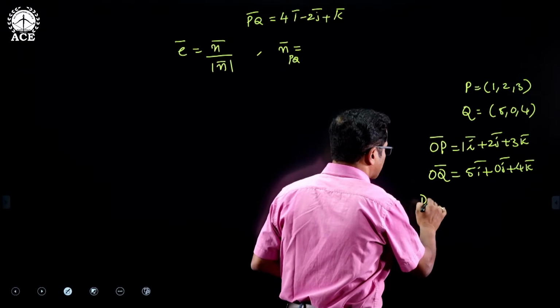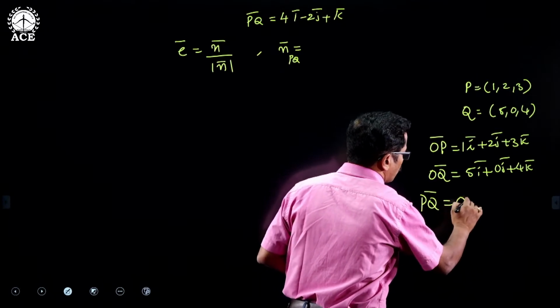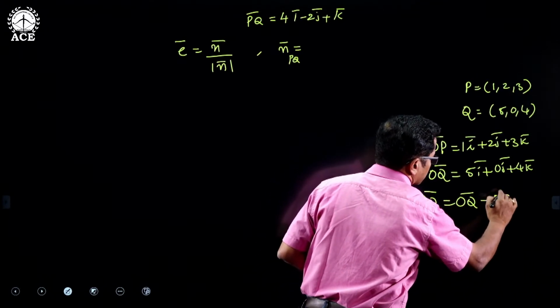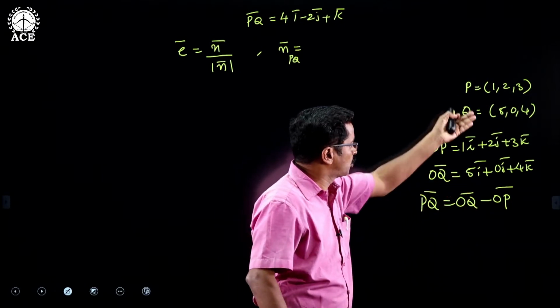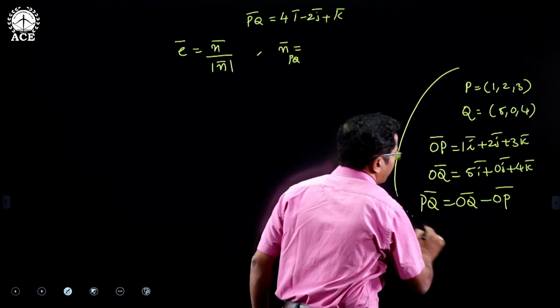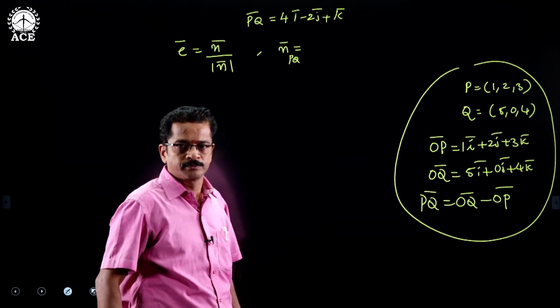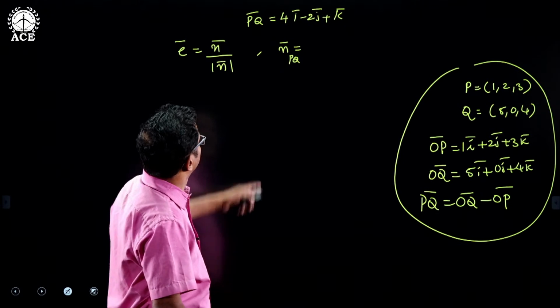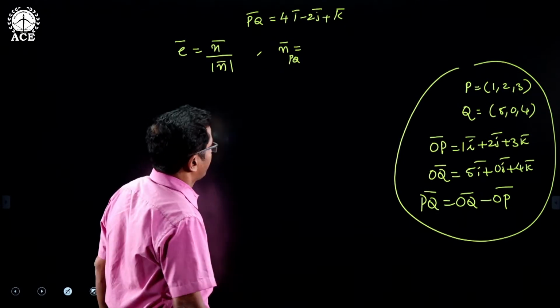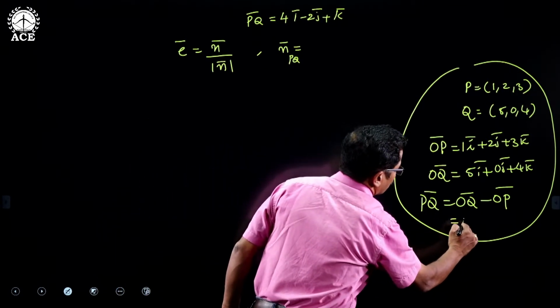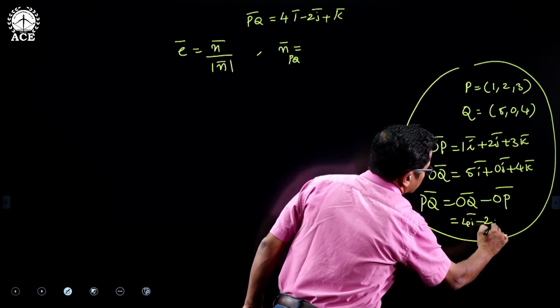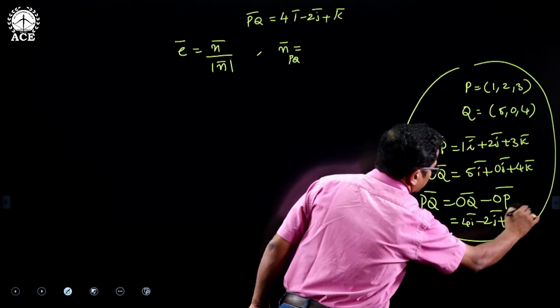Now you evaluate PQ bar equals OQ bar minus OP bar. This is the way of finding the vector PQ, which equals 4 I bar minus 2 j bar plus k bar.